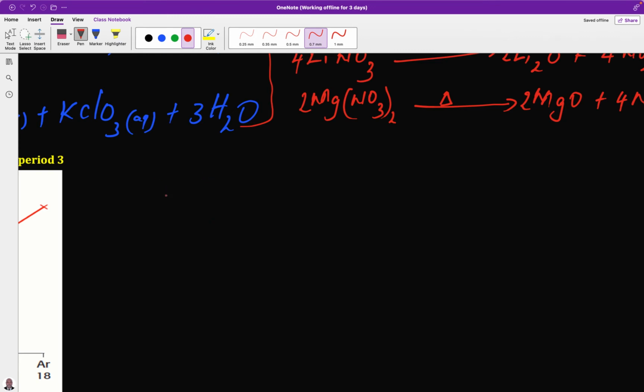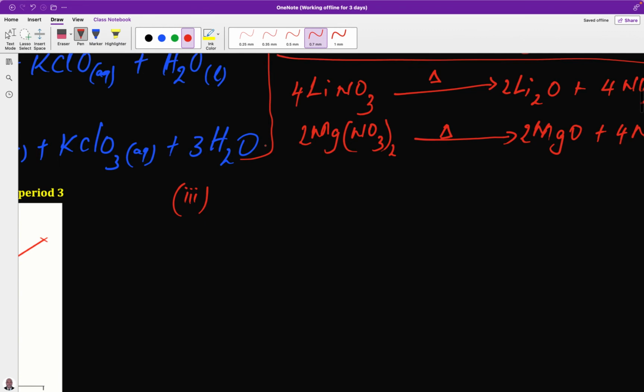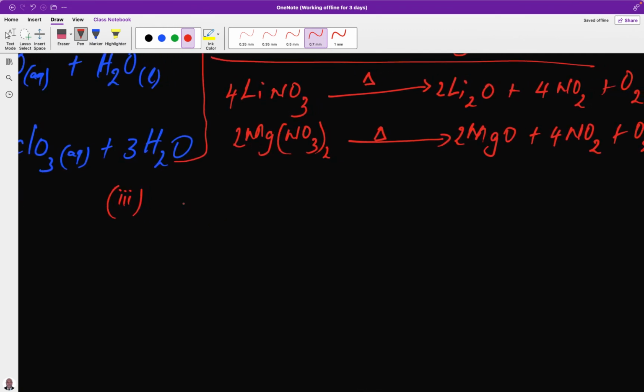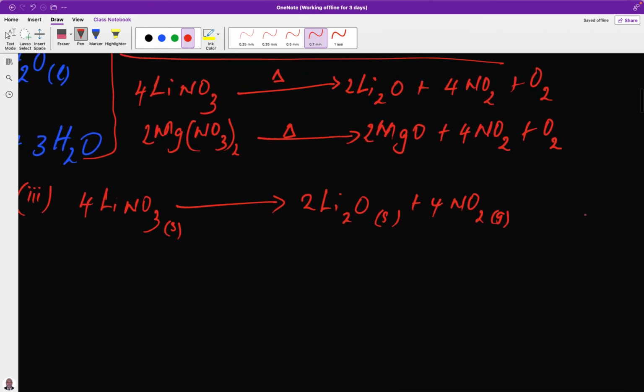Lithium nitrate, like the one we just mentioned above: 4 lithium nitrate will give 2 lithium oxide, which is a solid, plus 4 nitrogen dioxide, which is a gas, and oxygen, which is also a gas.